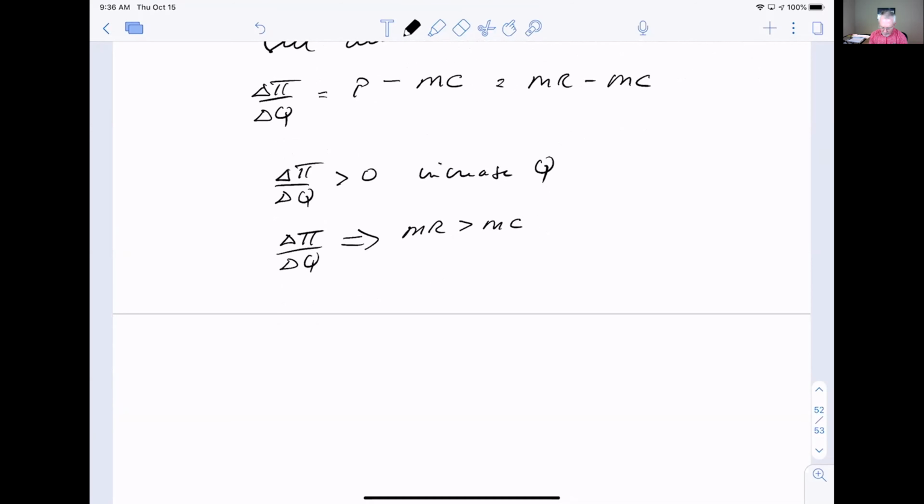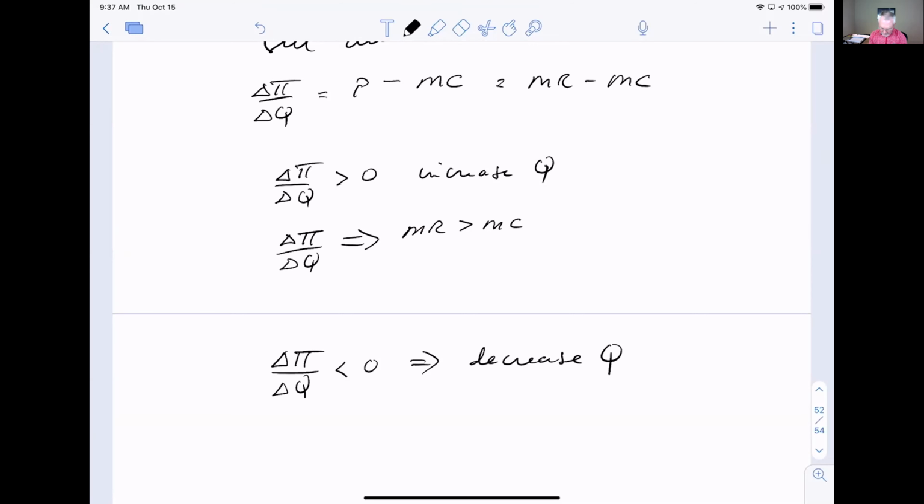Conversely, if marginal profit was negative, that tells me that if I were to increase my output, my profits would actually fall, so I wouldn't want to do that. But if my marginal profit is negative, if I were to decrease Q by 1 unit, my profit would go up. So in that case, I would want to decrease Q to increase my profits.